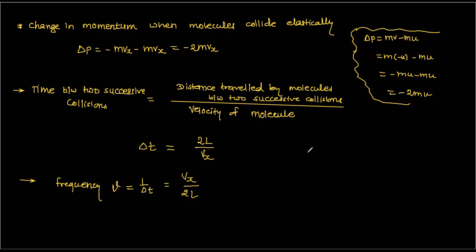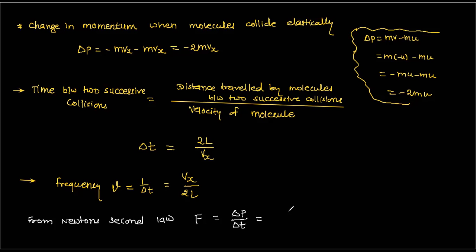Now from Newton's second law, F is equal to delta P by delta T. You know this.